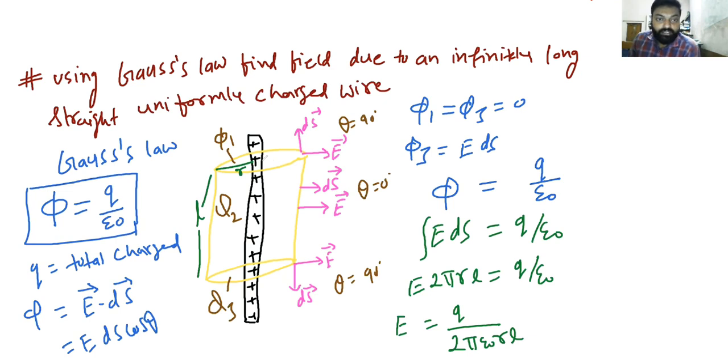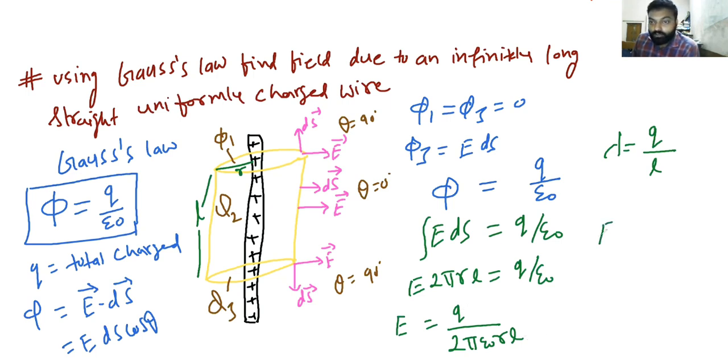If we define a term lambda, which equals charge per unit length, then for this length L, Q equals lambda into L. So here we replace Q upon L by lambda.